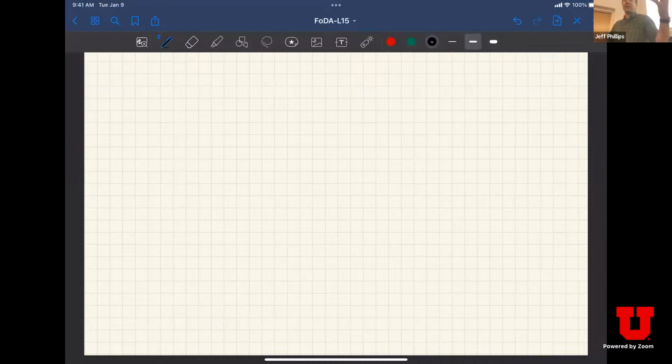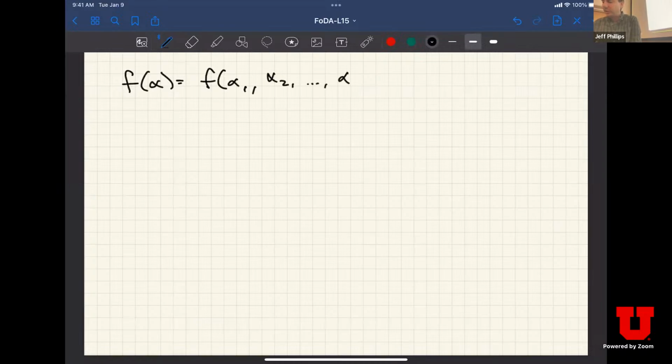Eventually we're going to go back to the sum of the squared errors, right? One of the reasons for the sum of the squared errors is that the gradients are going to be easy when we set stuff up. Okay, so if we have a function f of alpha, where alpha is in R^d, think about this as the domain of the function being multidimensional.